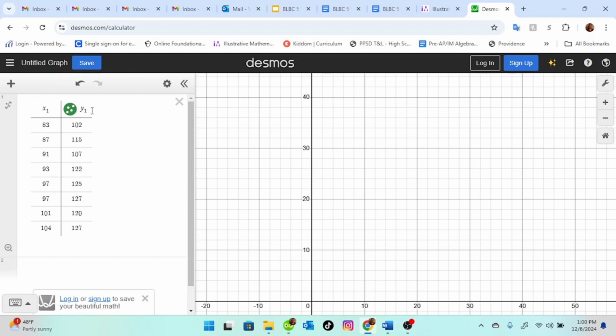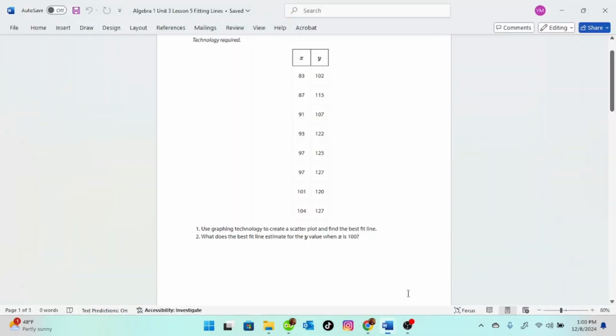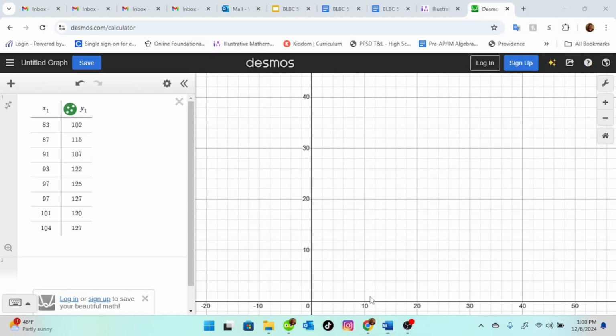When it populates, it'll have empty slots, and you can go ahead and put in the values from your table. To save time, I took the values from our table in the practice problem, and I already input them to the table here on the Desmos calculator.